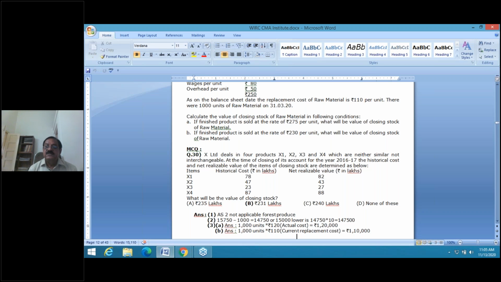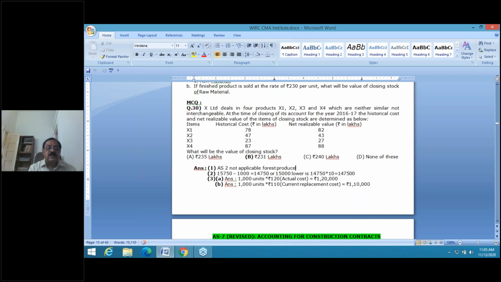Can you give me the answer, friends? Like X1, what is lower? 78. So you take 78. Then next 47, 43. So NRV is lower, 43. So 78 plus 43, go on adding. Then 23 and 27, the lower is 23 cost. Add 23.